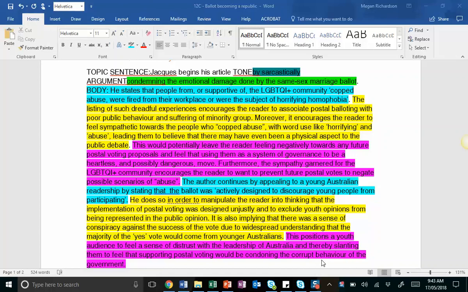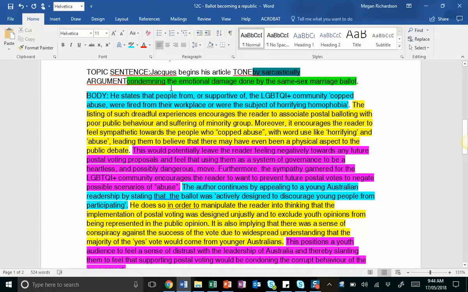Anyway, Adrian, what we've done so far is we've written the rest of this paragraph. We've got our topic sentence, where we've worked the tone and the argument into it. Then the body paragraph where we've presented the technique or the persuasive pull.